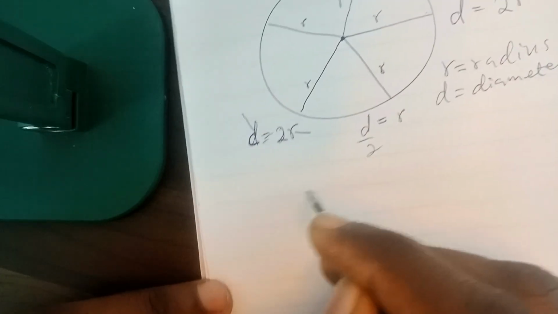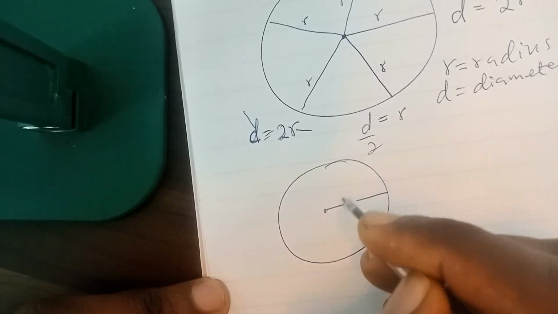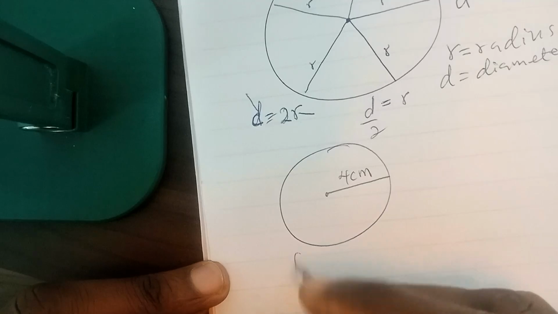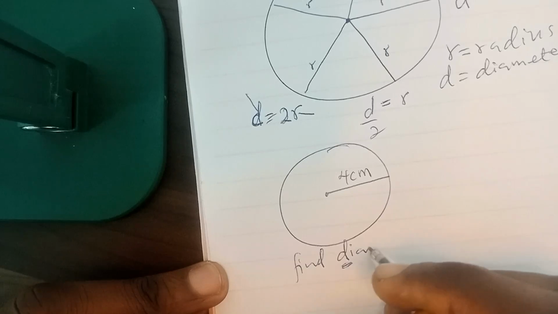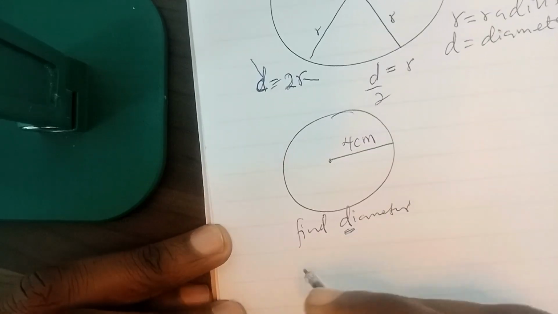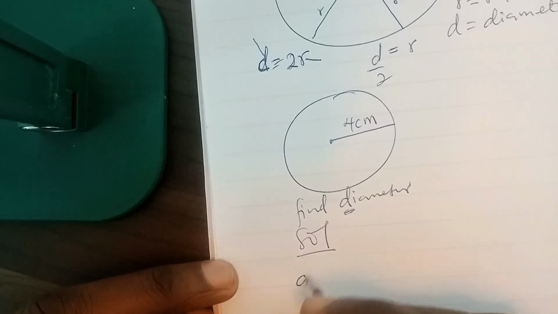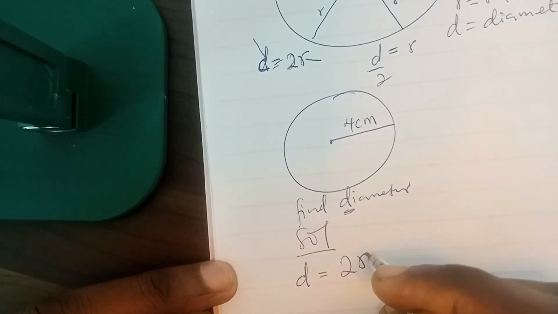So if we have a circle and the radius is given to be 4 centimeters, and we are asked to find the diameter of the circle, find d. The solution is this: diameter equals 2 radii, which is 2r.